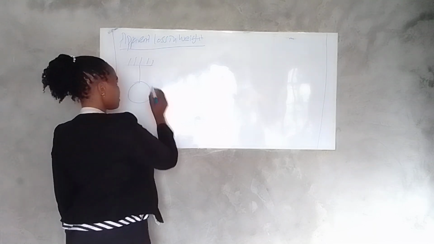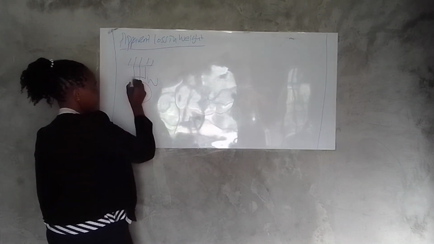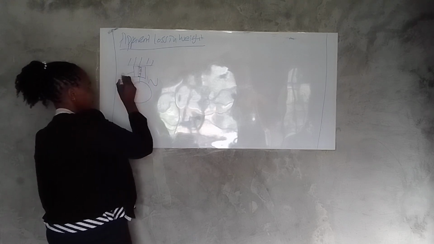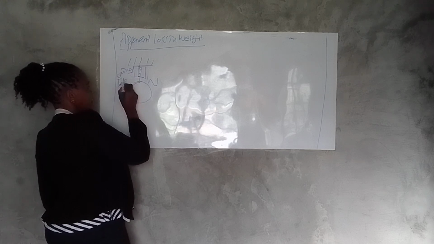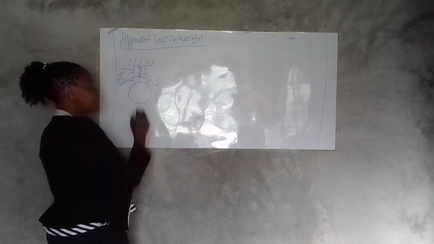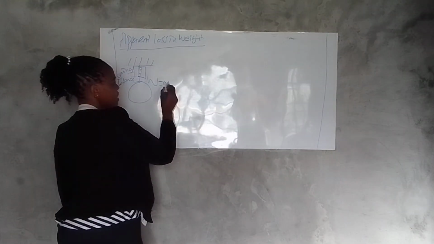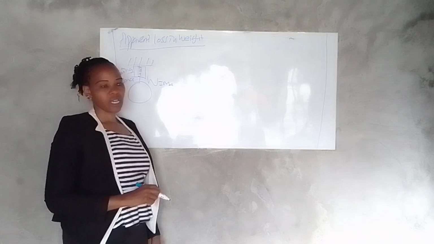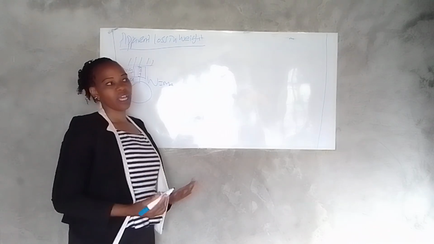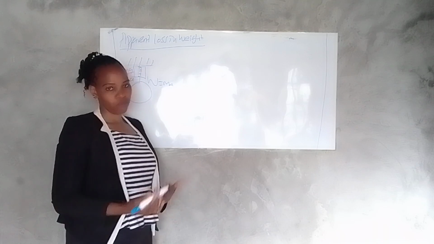Let's say I'm using a spring balance. Whatever my spring balance measures, I'll take it to be the actual weight of my object. It does not mean that the upthrust is not there. It is there, but it's very small.